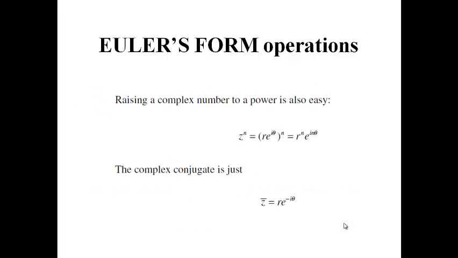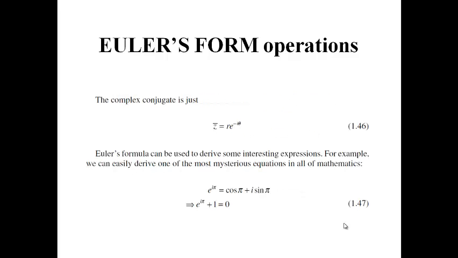Raising a complex number to a power is also easy: z power n is r into e power i theta whole power n, which equals r power n into e power i n theta. The complex conjugate is z bar equals r into e power minus i theta.